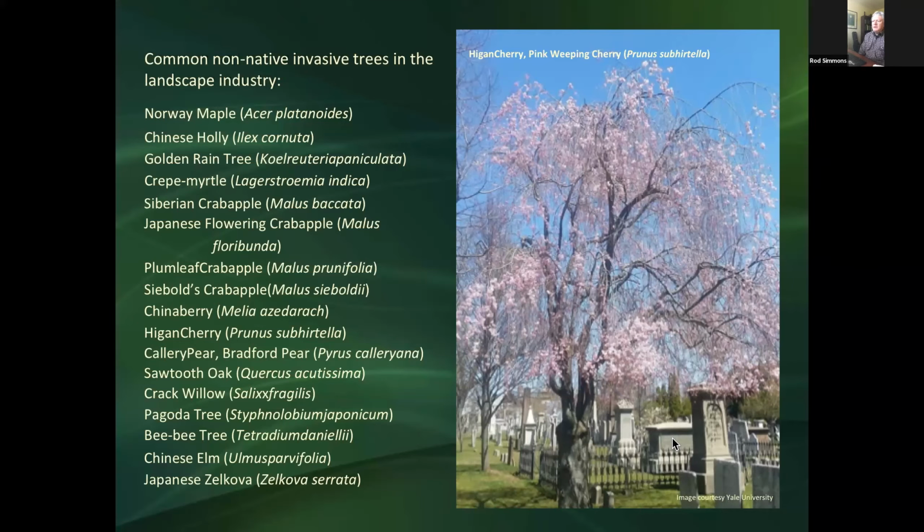That's important to note. That's the main willow that's used in landscaping in North America, and it's a highly invasive weed. And the weeping willow is part of that complex, and really should not be used. It reproduces vegetatively and by seed.